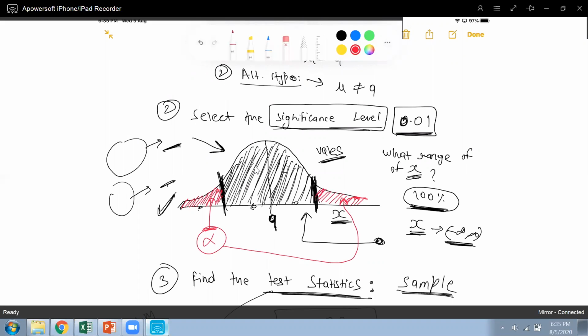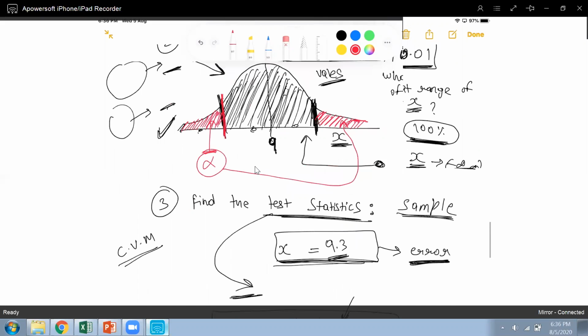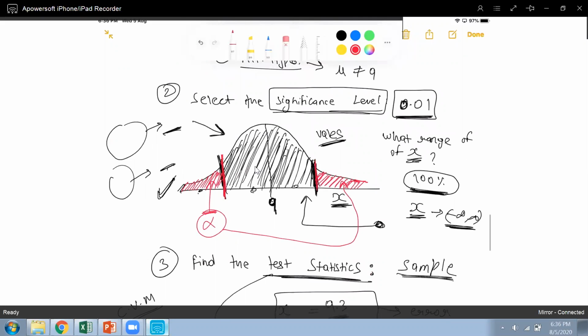So can anyone of you tell me how will we find this value? I know the area of this part, and I want to find the value at this point.